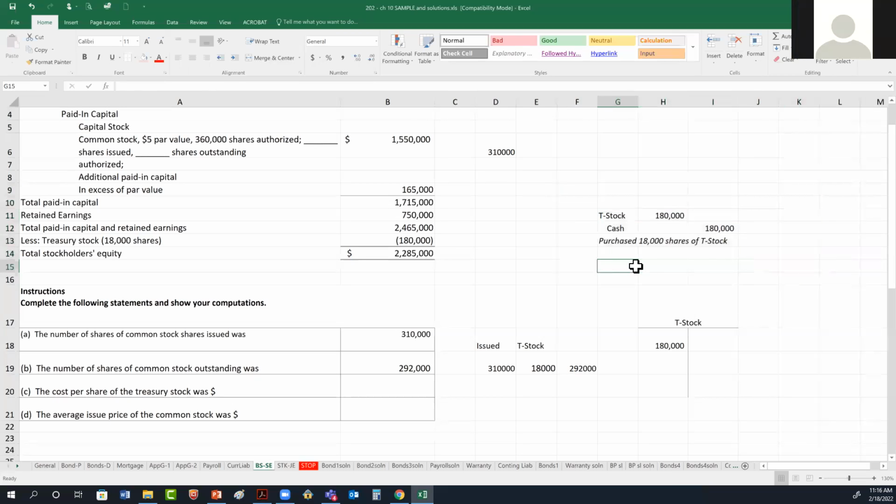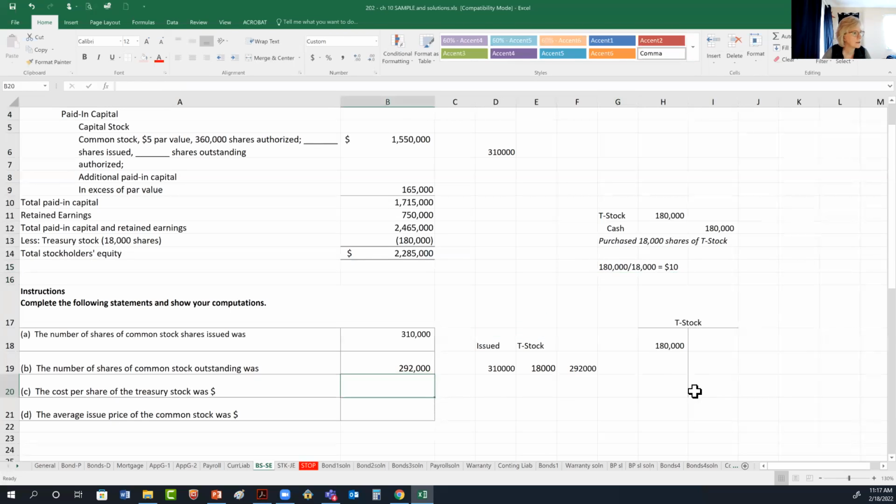I just did 180,000 divided by the number of shares, which was 18,000, to get my 10. Absolutely correct. So just simple math, and it's going to be $10 a share.